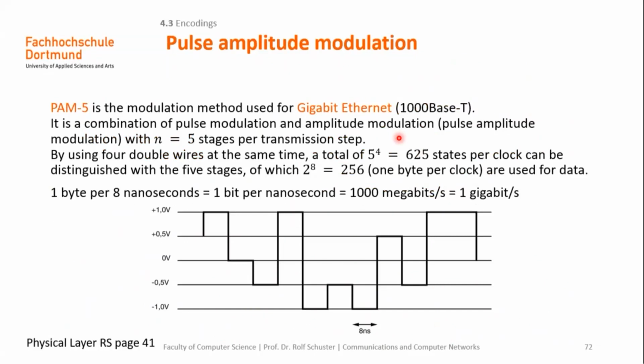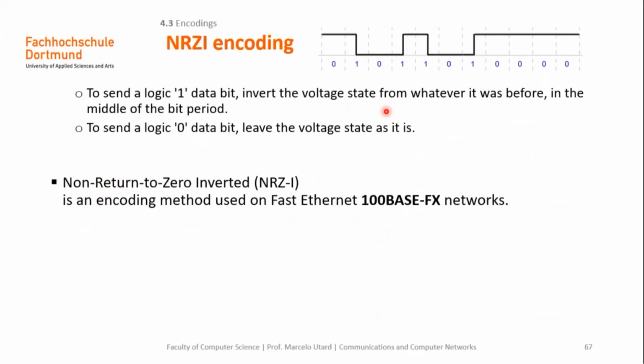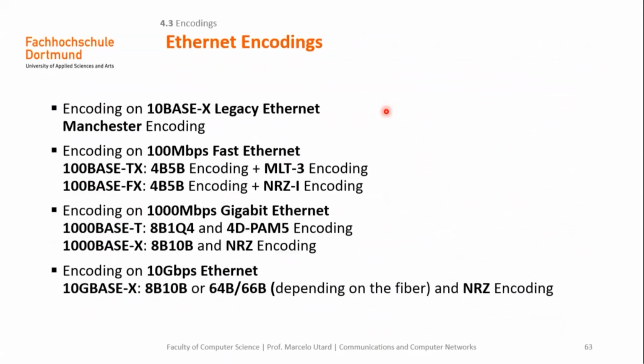And finally, PAM, that is pulse amplitude modulation, is another encoding technique used typically in gigabit Ethernet. In gigabit Ethernet, we use PAM encoding, combined with another encoding that is similar to 4B/5B.